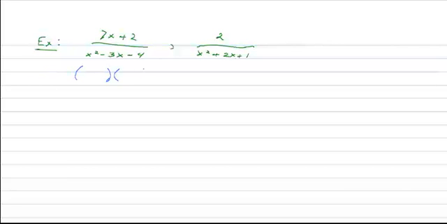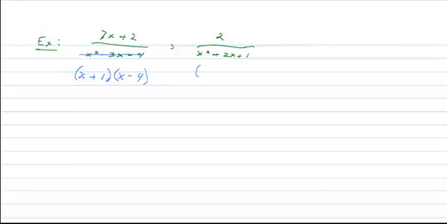Set up our double parentheses. Leading coefficient is 1, so we know we can put x and x. Last term is negative, so it's opposite signs. Factors of 4 whose difference is 3. Well, 4 times 1. And the larger factor gets the sign of the middle term. So we have factored this denominator.